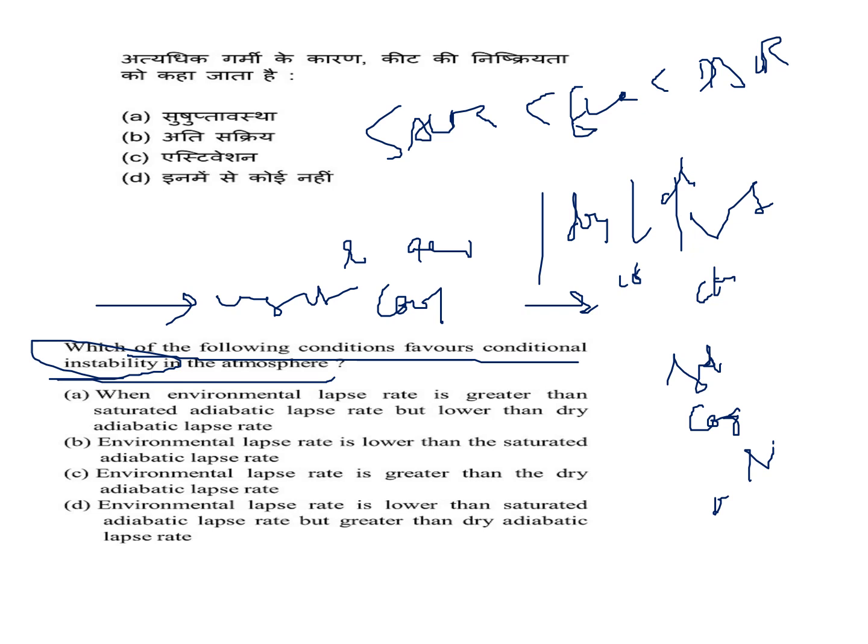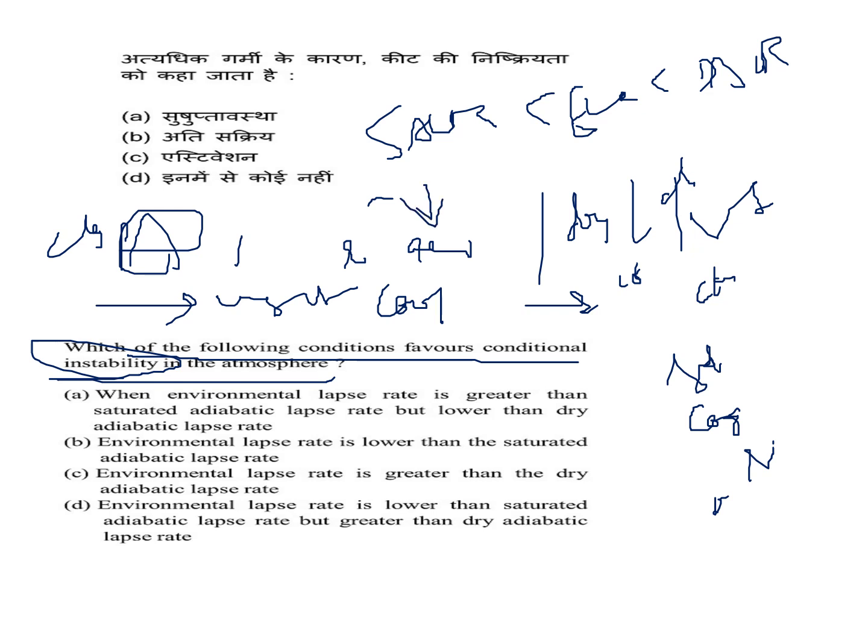If an air parcel is drier in nature, it cools faster than the environment, making it colder and denser than the surrounding air, so it sinks.